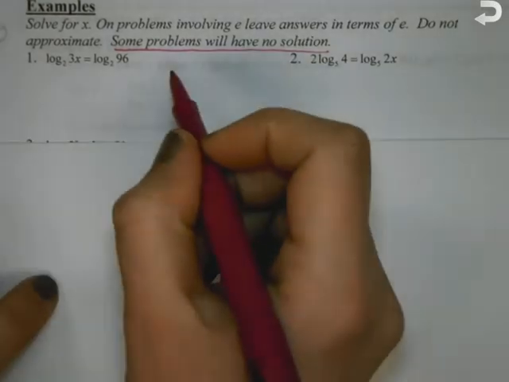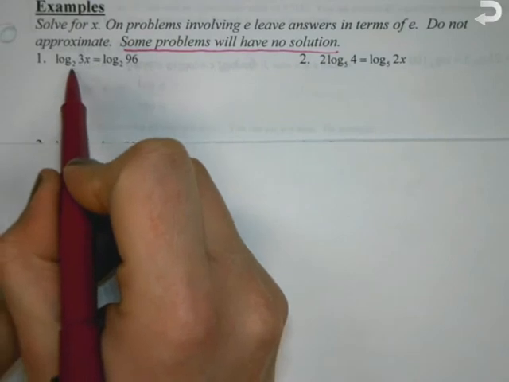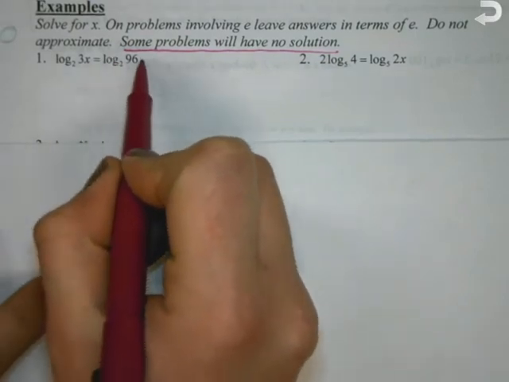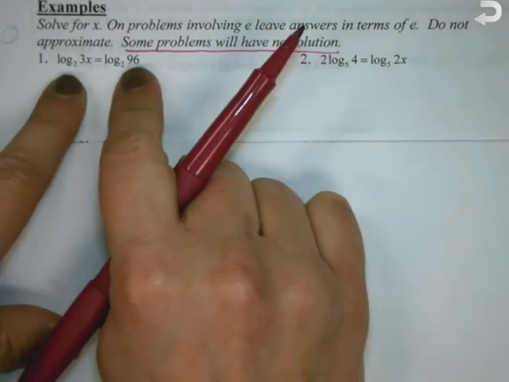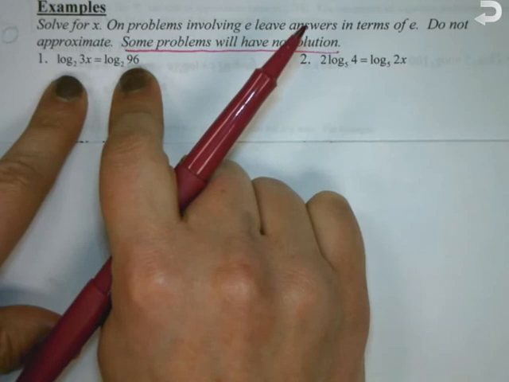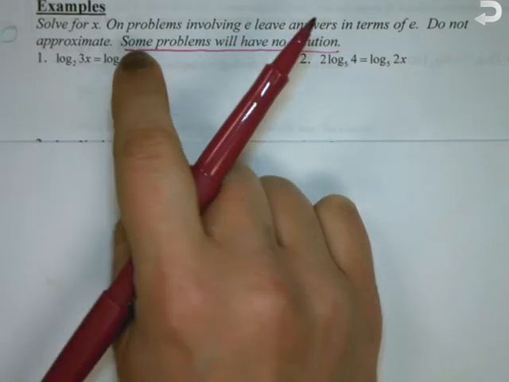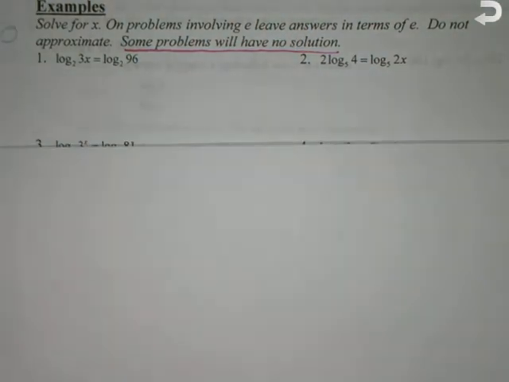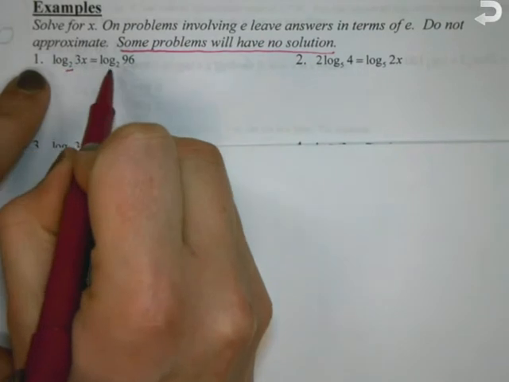Okay, so number 1. We have log base 2 of 3x equals log base 2 of 96. Are these each condensed as much as possible? Yeah, each side separately. Do they have the same base? 2 and 2, yes.